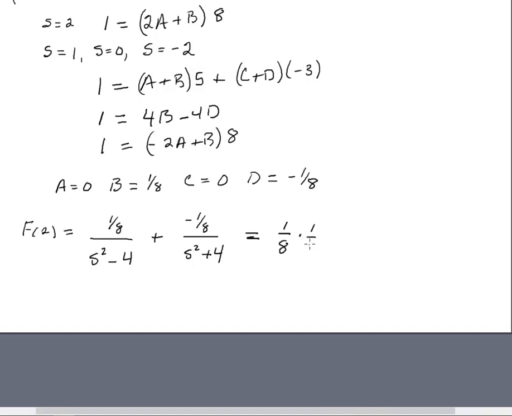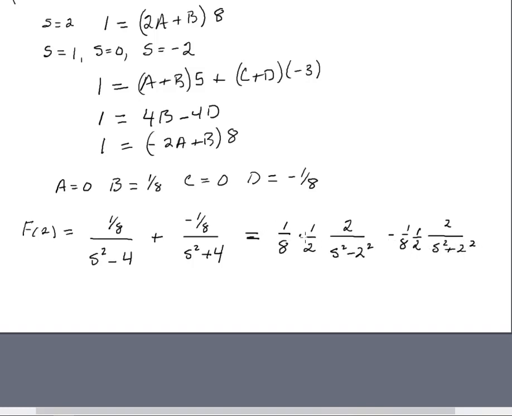Well, let's just put a 1/2 out here and a 2 in the numerator, and an s squared minus 2 squared there. And then a minus 1/8, and I know that again in this numerator I need a 2 because this is s squared plus 2 squared, so I'll put a 1/2 out here and a 2 in that numerator, and an s squared plus 2 squared.